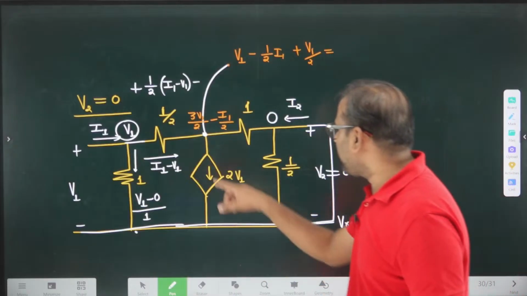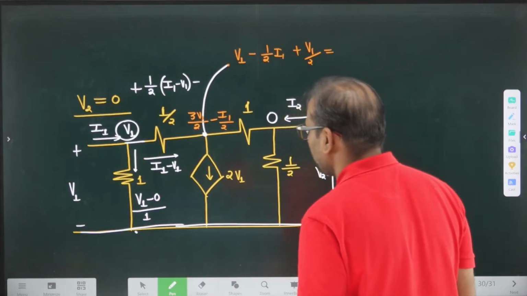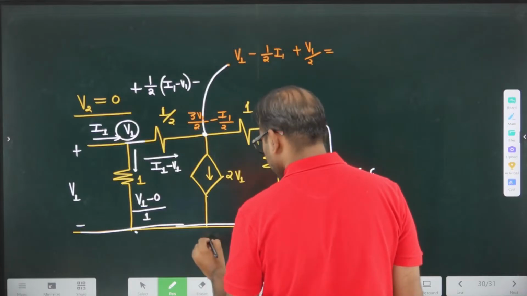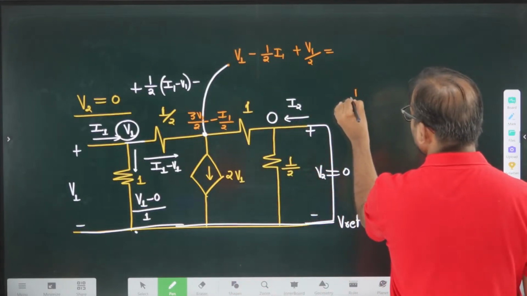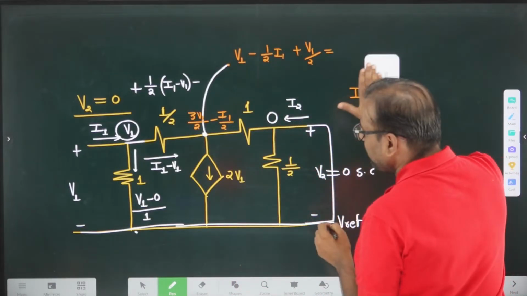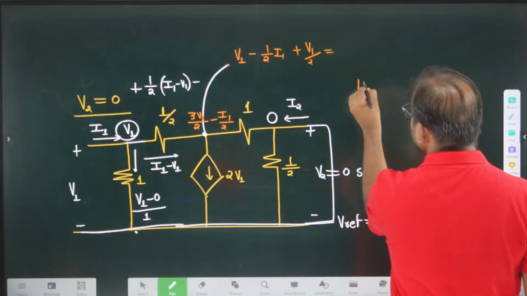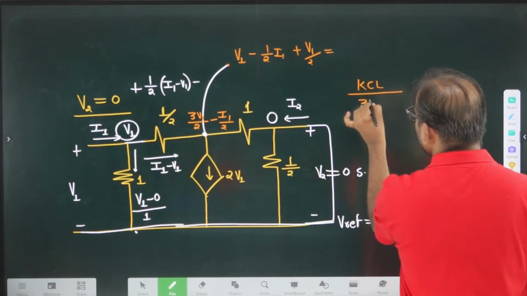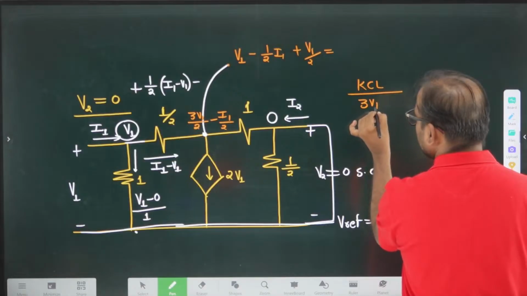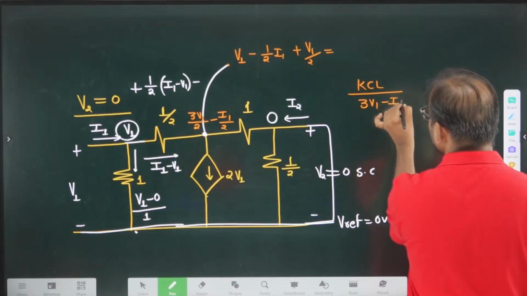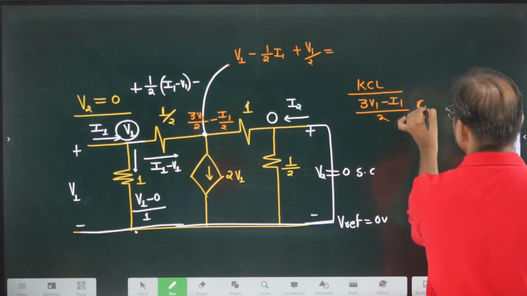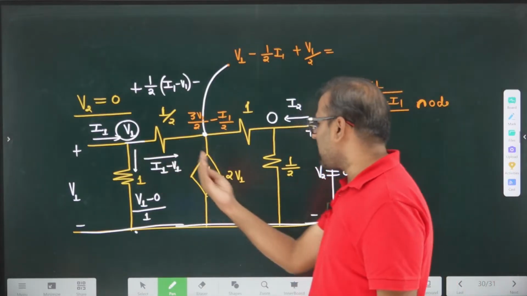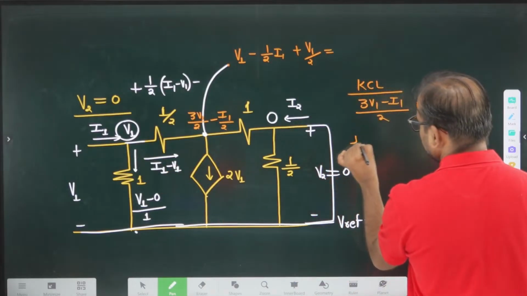Let's apply the KCL at this point. इस point पे अगर मैं KCL लगा देता हूं तो KCL का वैल्यू कितना होगा? I am applying KCL at the 3V1 minus I1 divided by 2 node. So what is incoming current? Incoming current is I1 minus V1.